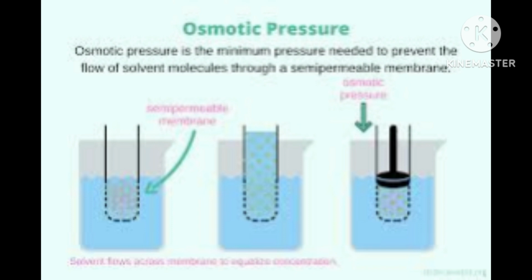If you solve, you will get 61.022 gram per mole. This is the molecular mass of the protein.